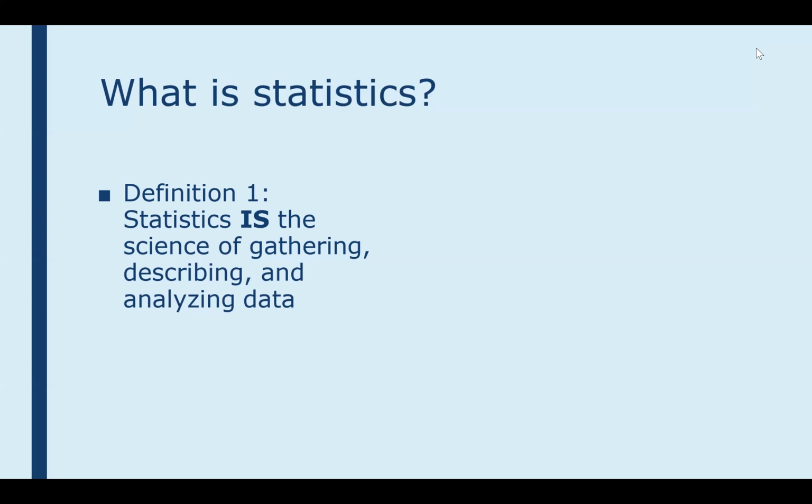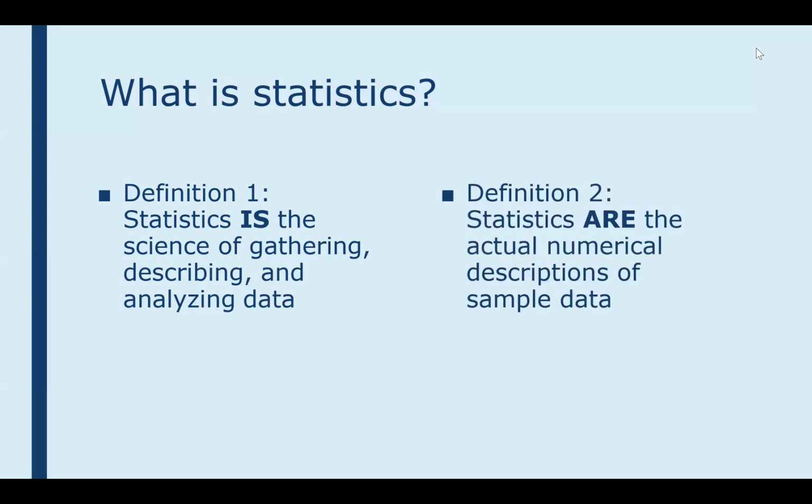The second definition you would see is when we look at it as plural, as though it were individual values. So statistics with the S are the actual numerical descriptions of sample data, the actual numbers that we calculate, things like the average or a percentage, perhaps the one that occurs the most or the one that occurs the least.